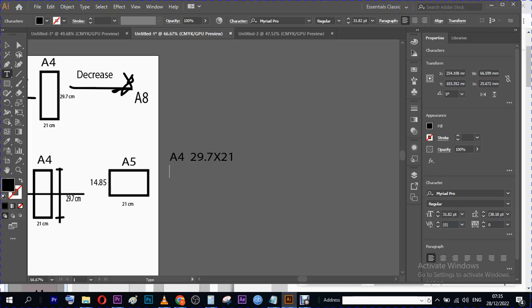Then an A5 was 14.85 times 21. Remember, all these are centimeters.